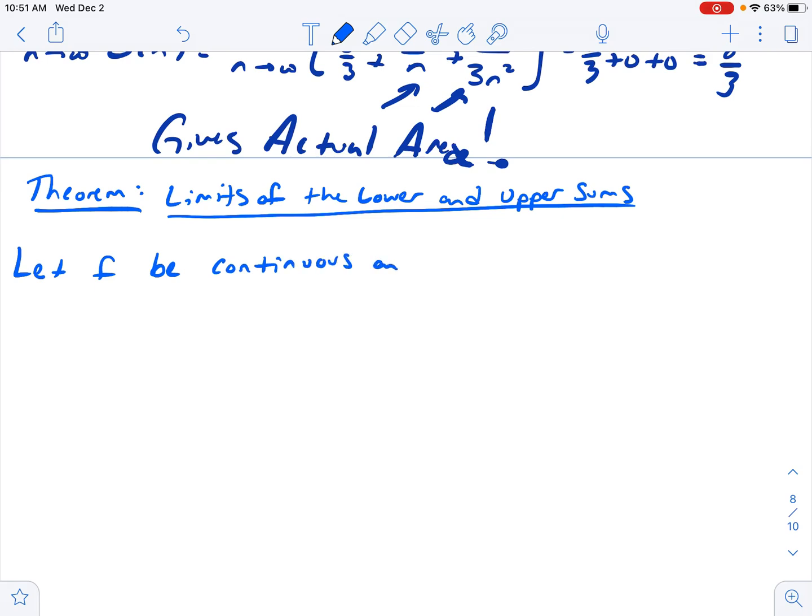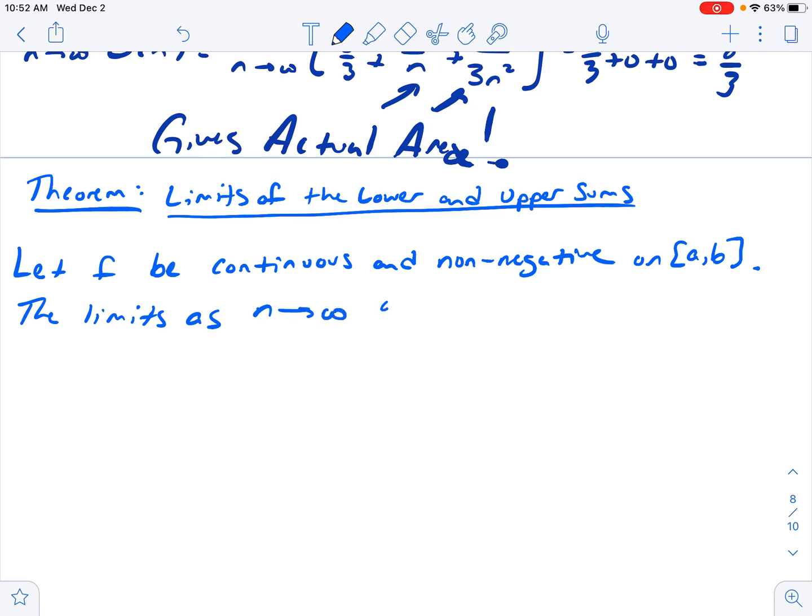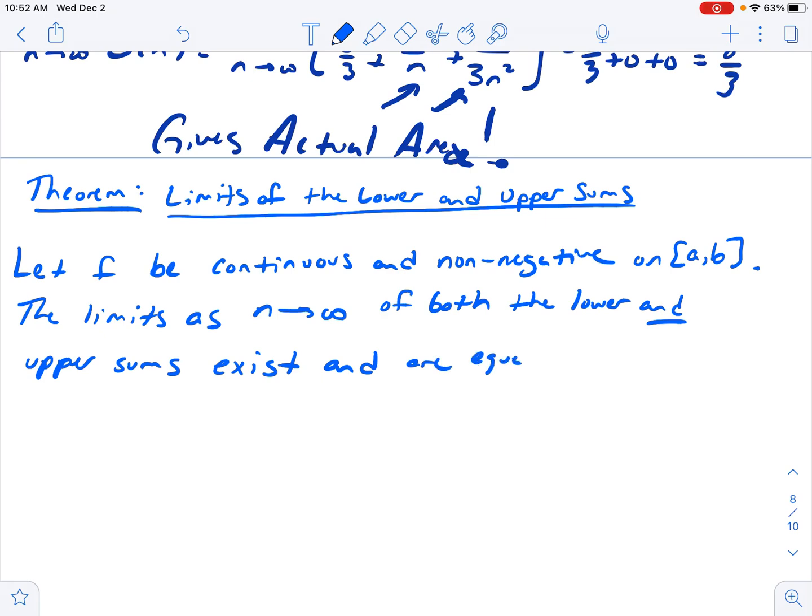Let f be continuous and non-negative above the x-axis on the closed interval a, b. The limits as n approaches infinity of both the lower and upper sums exist and are equal to each other.